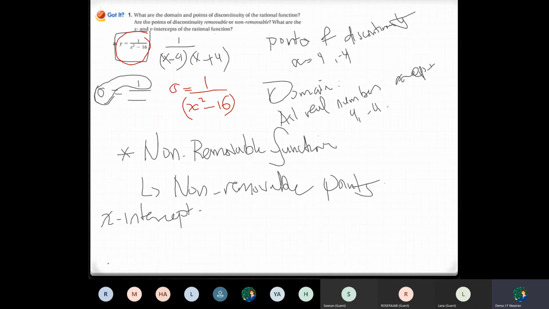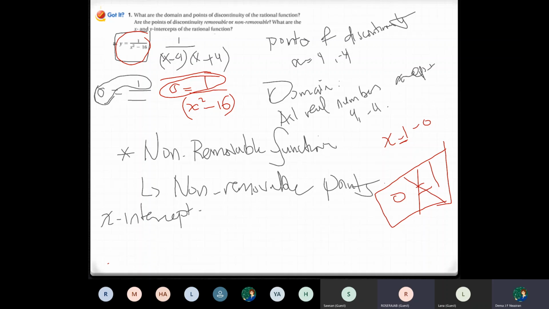Before that, I told you if x minus 1 equals 0, there's a point of x that can make the numerator 0. Here, if I take 0 equal 1, is it a correct statement? No. So I will say that there's no x-intercept.